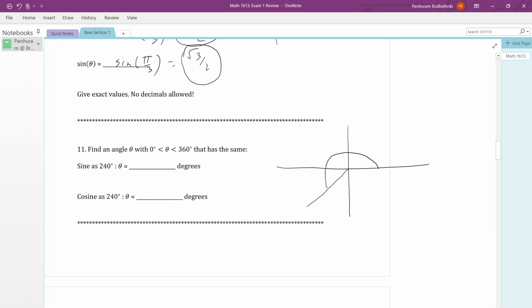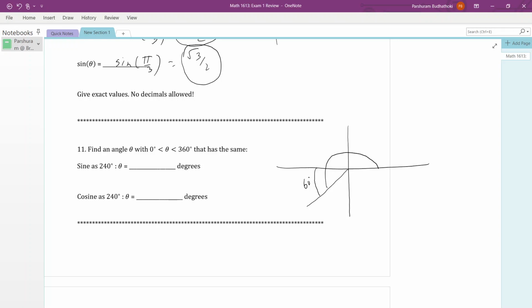If you try to find the reference angle for 240, which is this part, it is 180 plus 60, so this is 60 degrees, that's the reference angle. But as you can see, it's in the third quadrant, so the sine value should be negative.